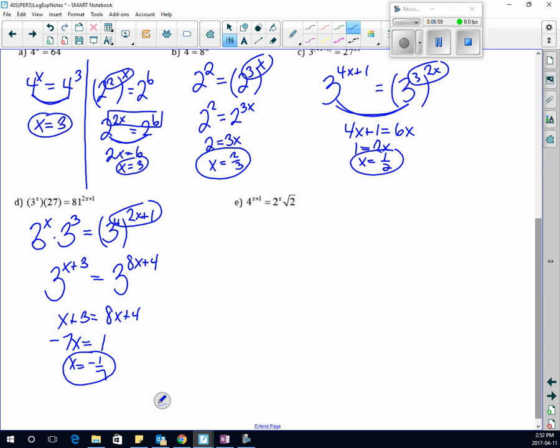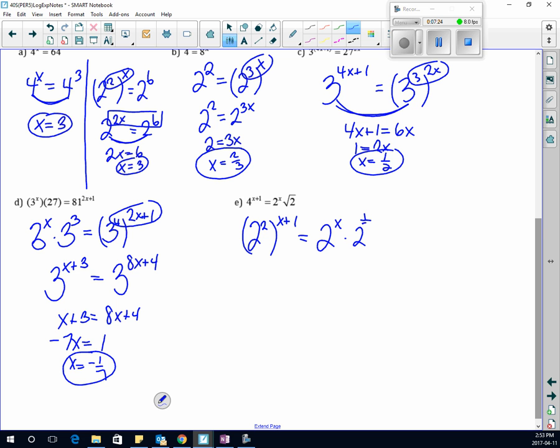Yeah, so it takes practice. It takes practice for sure. Okay, again, prime number bases. 4 is 2 to the power 2, to the power x plus 1, is 2 to the power x. Who knows what the square root of 2 is written as an exponent? 2 to the power 1/2.